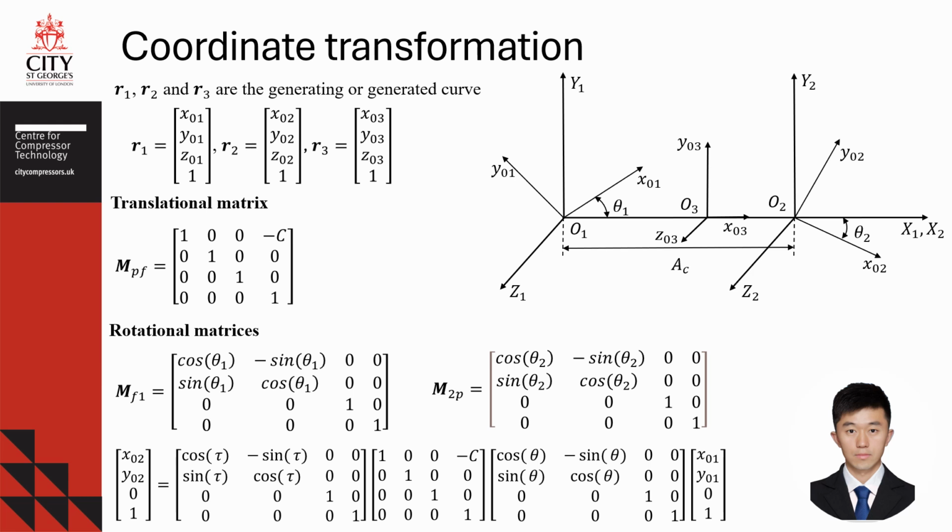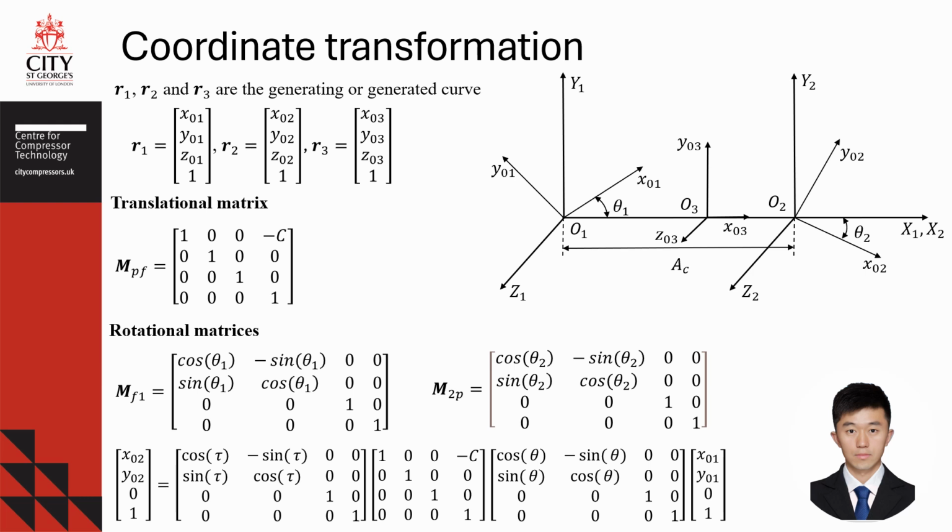The second step involves defining the generating curve and performing coordinate transformations to derive the generated curve. This profile can be specified on the main rotor, gate rotor, or on both. Alternatively, the primary profile can be defined as a rack. In the transverse plane, two types of transformations are typically applied: translation and rotation.